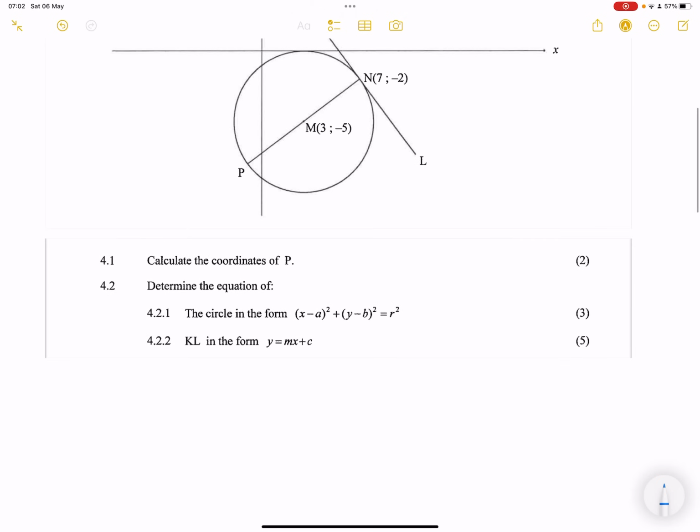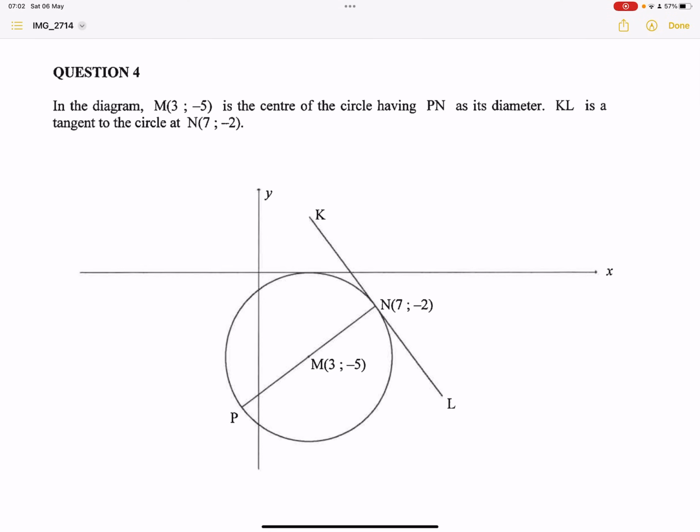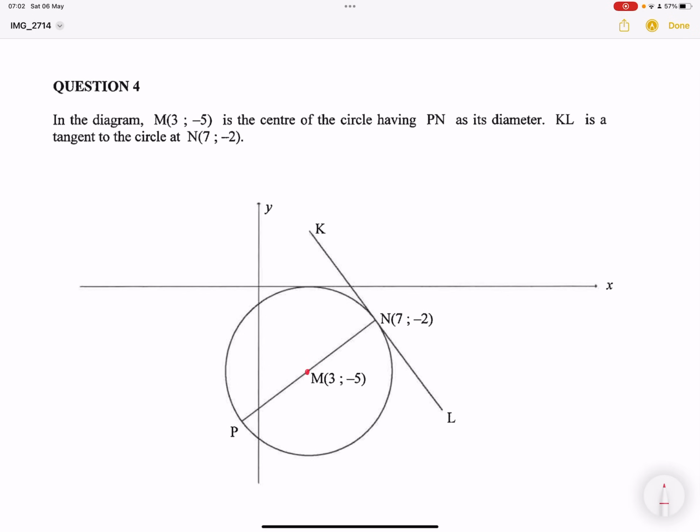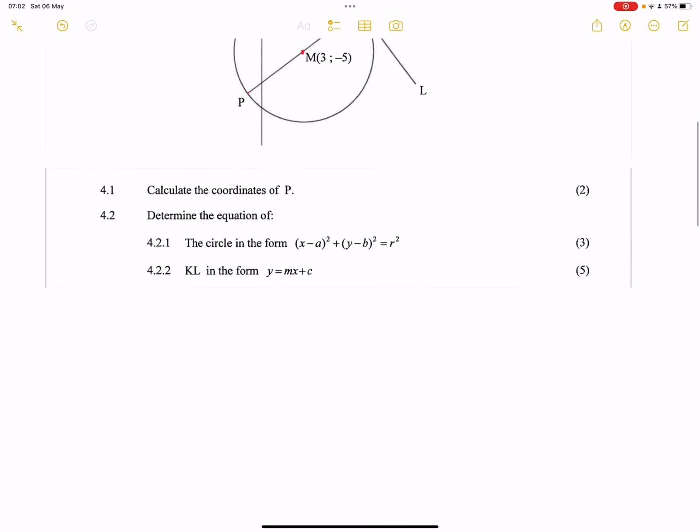The first thing they ask us to do is to calculate the coordinates of P. Now, they have told us that that's a diameter, so M would be the midpoint. So I can find the other side by applying the midpoint formula.